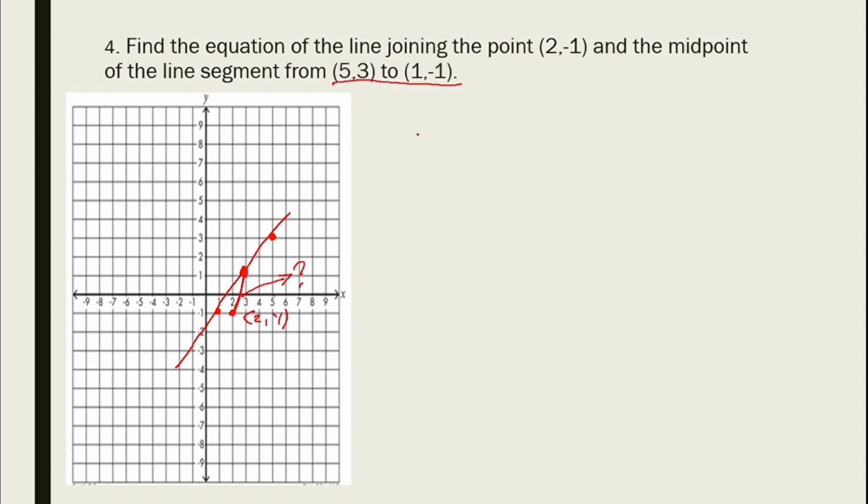So the midpoint in terms of x is equal to 5 plus 1 over 2. x sub m is equal to 6 over 2, that is equal to 3. And the midpoint in terms of y is 3 minus 1 over 2, that is equal to 2 over 2, that is equal to 1.